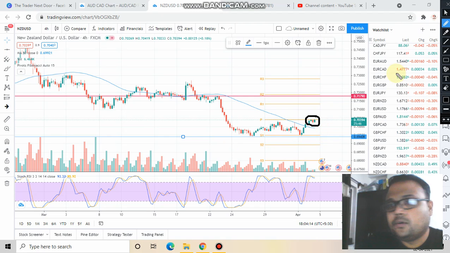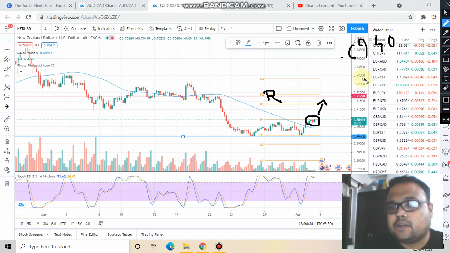is to wait for the market to come down to this particular support level, 0.6940. We'll have to wait for the market either to come down to the support level, or to go up and reach this particular level, which is the resistance for the market, 0.7179.